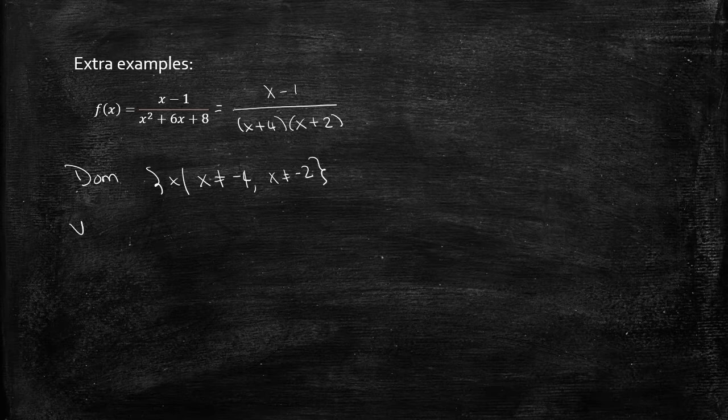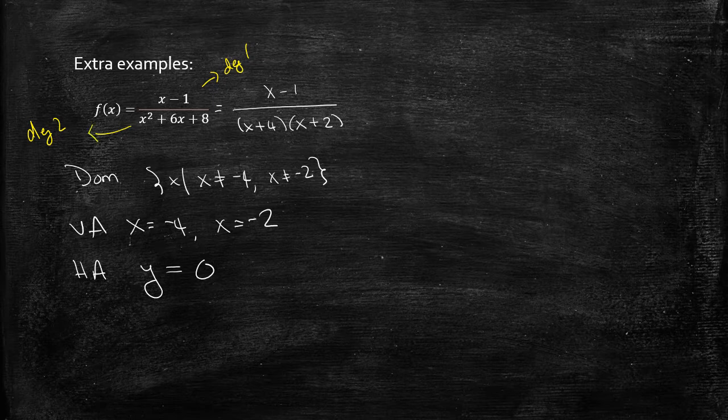Nothing cancels, so those are both going to be vertical asymptotes: x equals -4, x equals -2. The horizontal asymptote for this graph is y equals 0. The degree of the numerator is 1, but the degree of the denominator is 2. If the degree of the denominator is bigger, that's when y equals 0 is our horizontal asymptote.